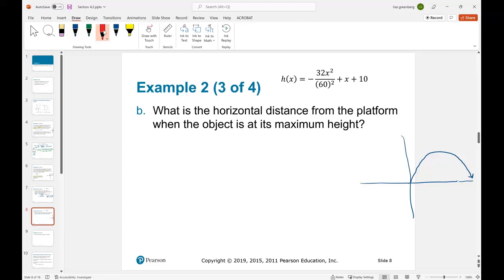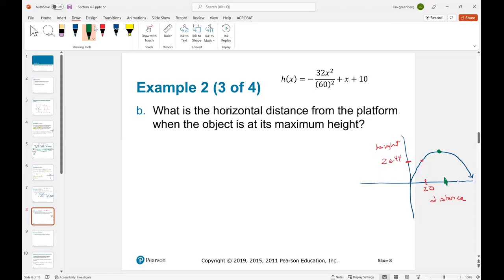And we know that at 20 feet the value is 26.44 feet high, right? This is distance, and this is height. But what we want to know is what the value is here at the vertex, because that's when the object is at its maximum height.